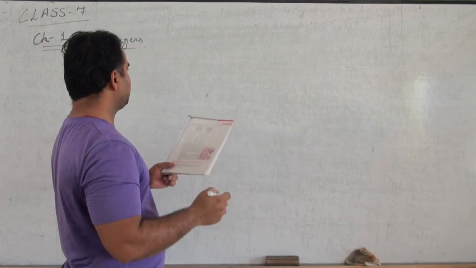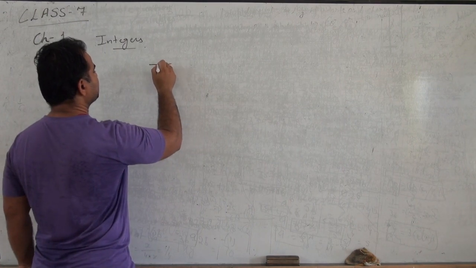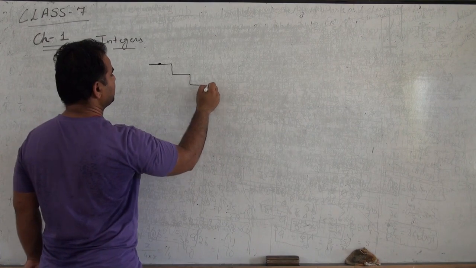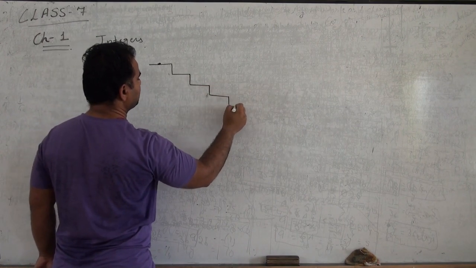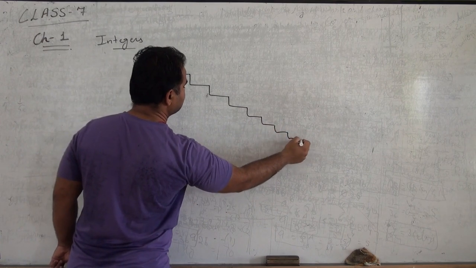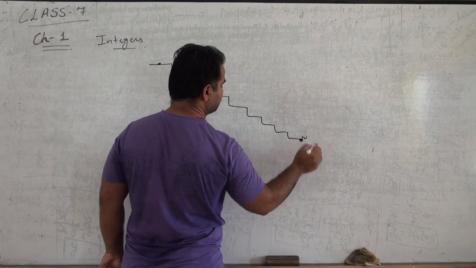He is at the first step. This is the first step, this second, third, fourth, fifth, sixth, seventh, eighth, and that is ninth. The water is at this place.